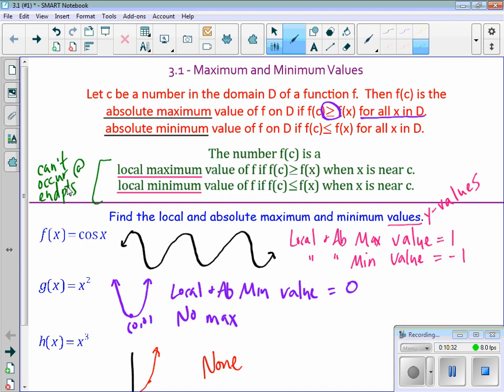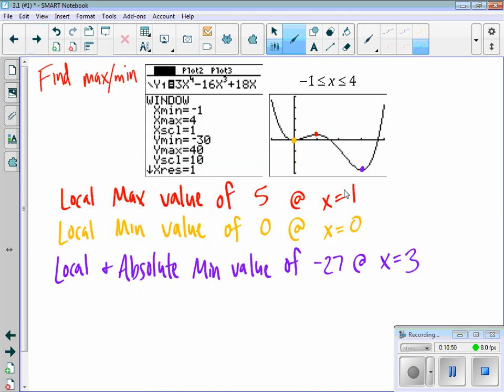They have to have an interval around them. An absolute max or absolute min is the very highest point, the very lowest point on the graph. So if the graph ends on the ends, it doesn't have arrows going up, so it doesn't continue on forever. So it's like this type of a problem where it stops here, it stops here. There can be absolute.